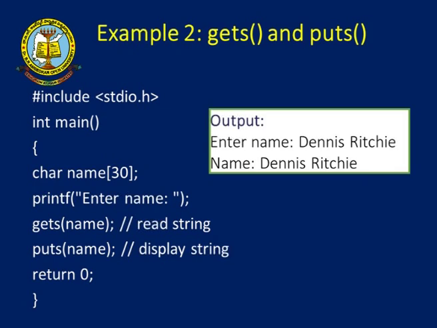If you execute this program, it prompts the user to enter a name. So, let us say I enter the name Dennis Ritchie as the input to this program, and the output of this program is name Dennis Ritchie. So, we are getting the complete name even though we have given the space after Dennis. This is how to work with gets and puts.